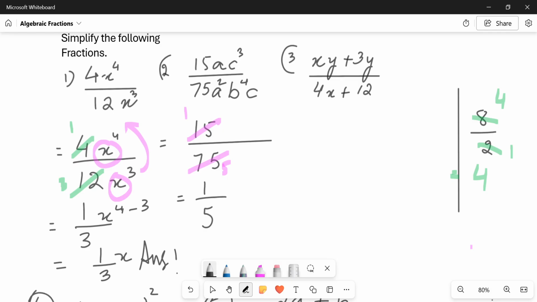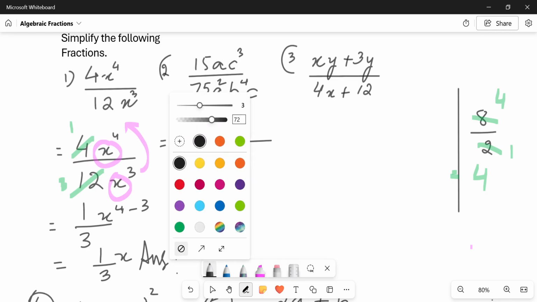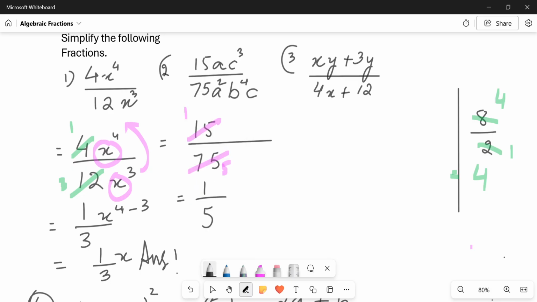Okay, now let's solve the variables. So how are you going to solve the variables? The second method: a in the numerator is only a single time, so I have just written a, and c, I open this c how many times? 3 times. Why 3 times? Because its power is 3.